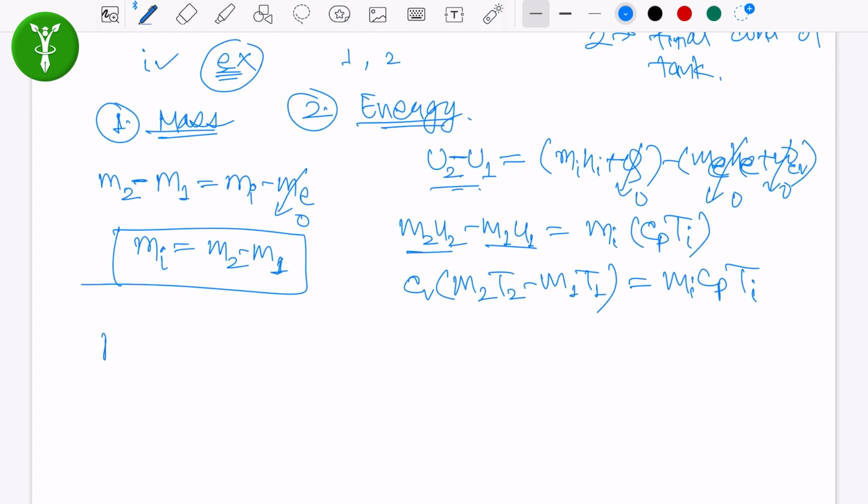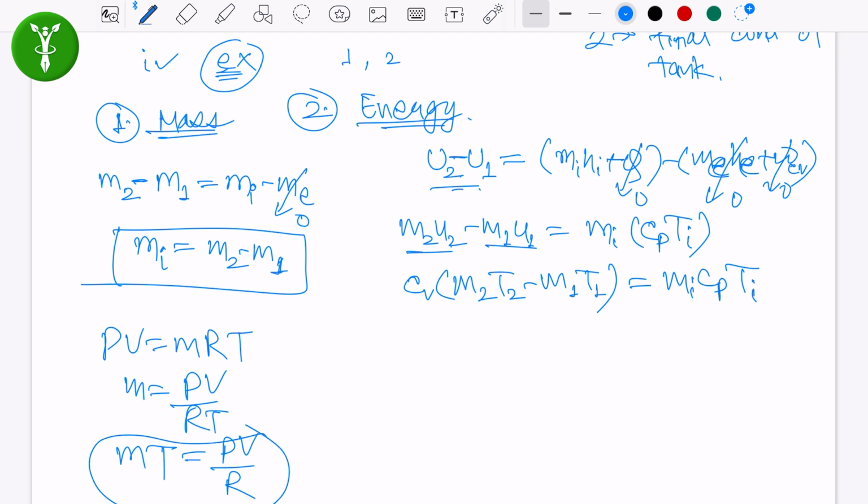Now here we can use the ideal gas equation PV equal to mRT. So m we can write as PV by RT, and mT we can write as PV by R. So mT is P2 V2 by R, and here V1 and V2 are the same since it is a rigid container.